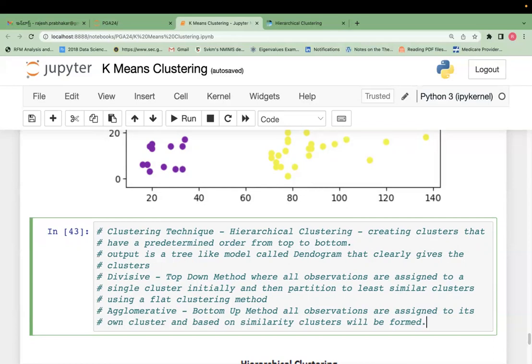So divisive is the top-down method, agglomerative is the bottom-up method. Most used is agglomerative, and by default in R and Python, it is agglomerative.